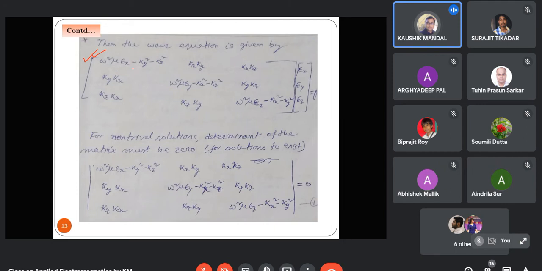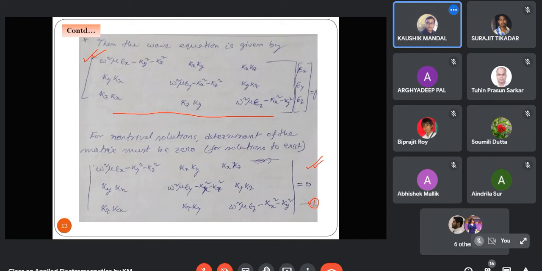For a non-trivial solution, the determinant of this matrix must be 0. We represent this as equation number 1.